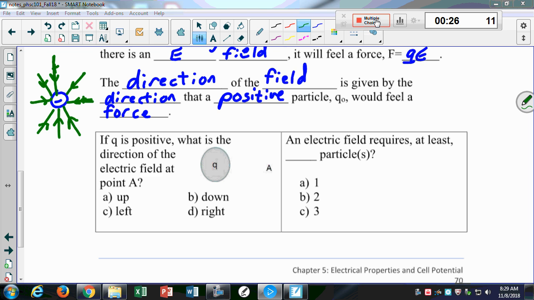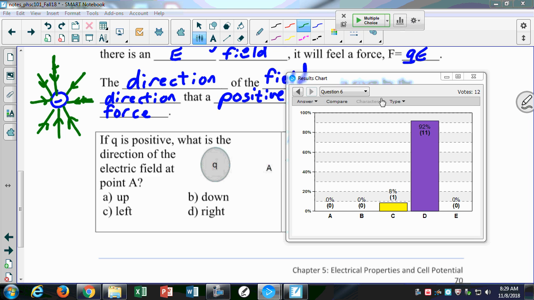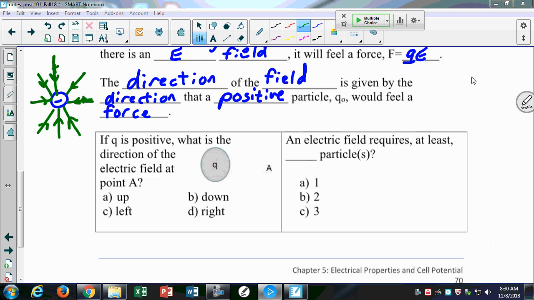All right, just a few more seconds. Stopping at 30. Let's guess if you don't know. Awesome. D is right. So the electric field will be to the right.